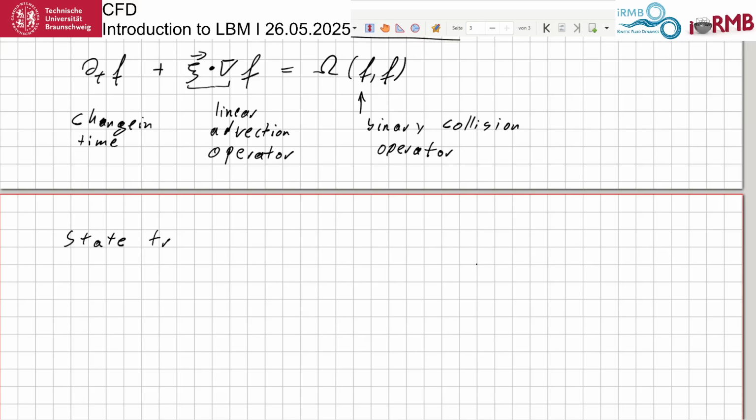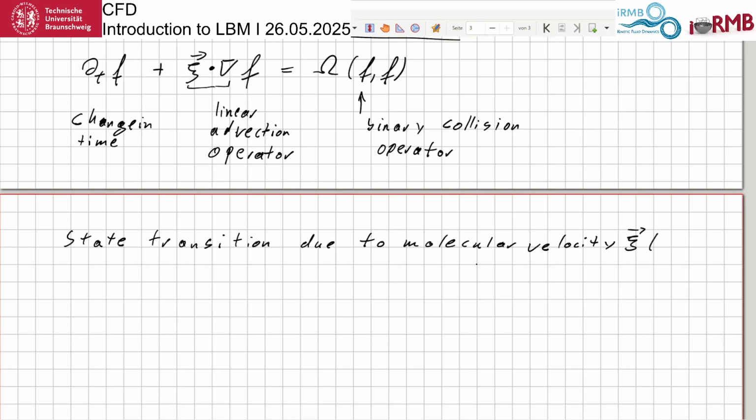I'll describe the advection as the state transition due to molecular velocity xi.